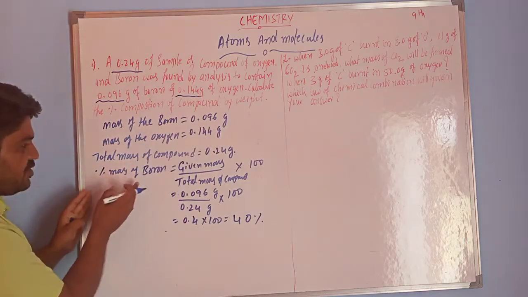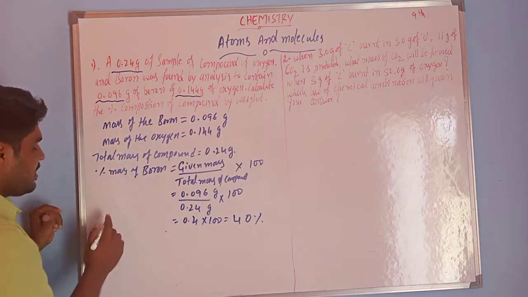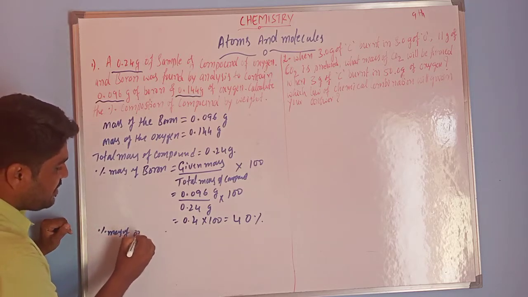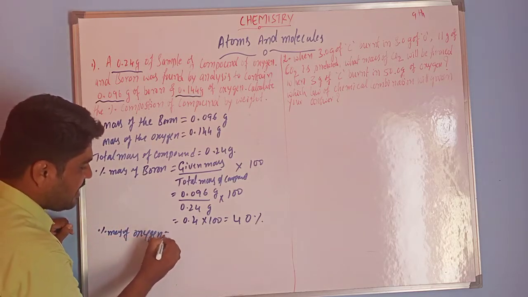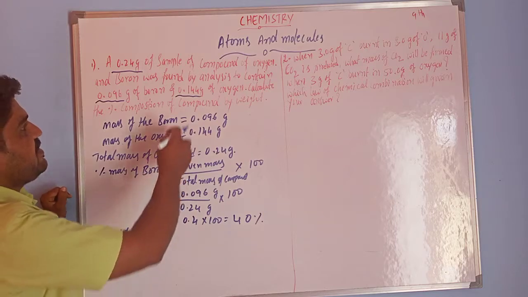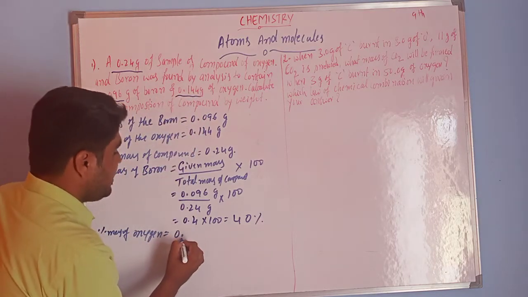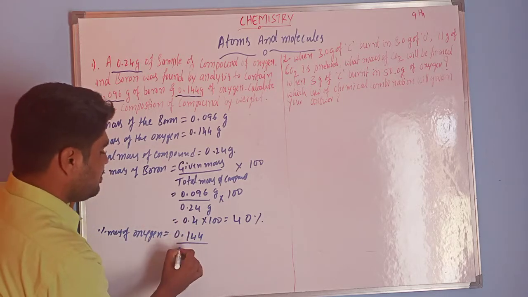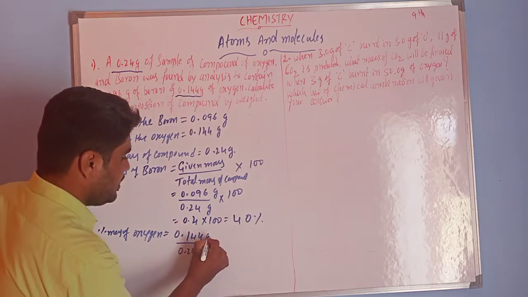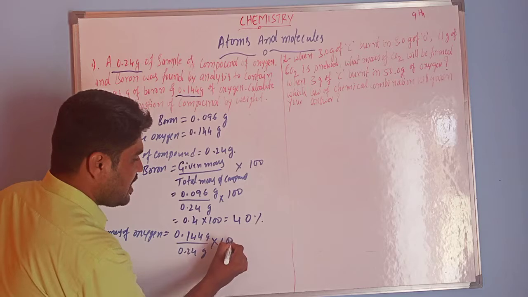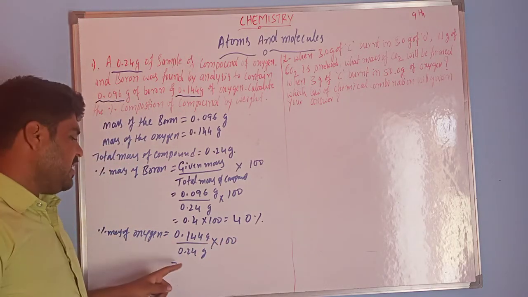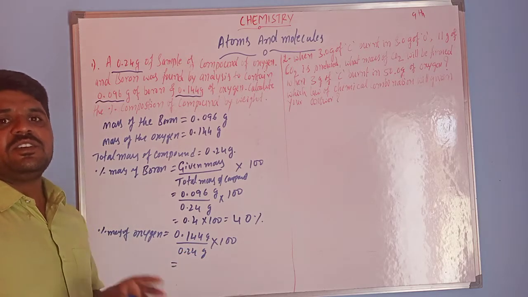You have to find it using the same formula. You have to calculate the percentage by mass of oxygen. So given mass of oxygen, 0.144, by total mass, that is 0.24, here also grams, into 100. So 0.144 by 0.24 into 100.